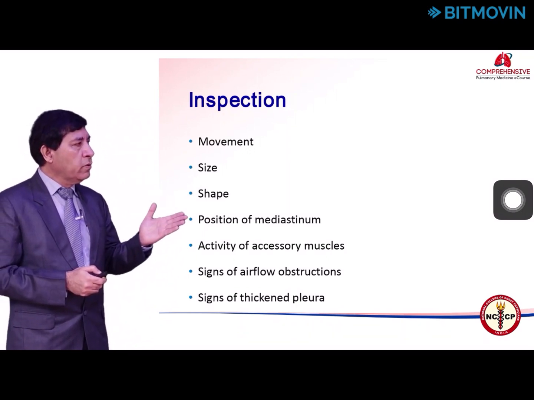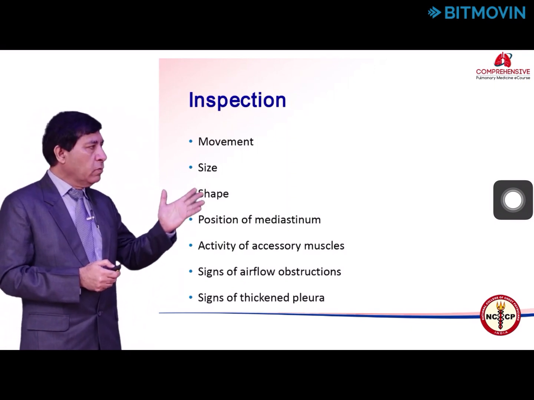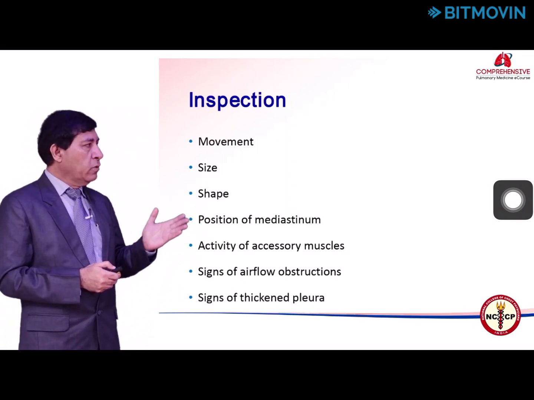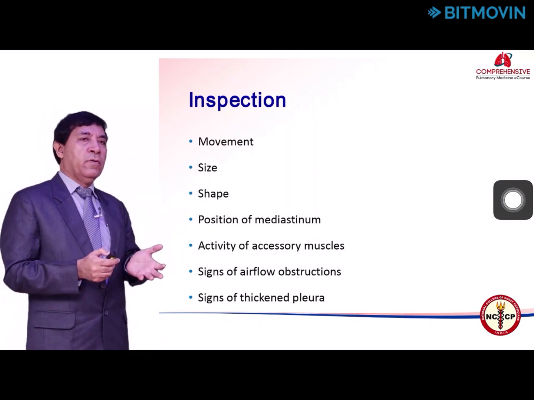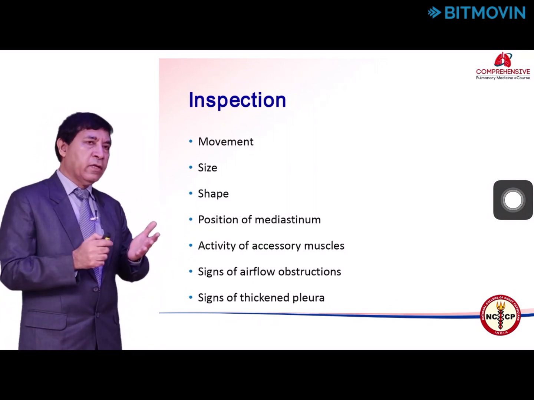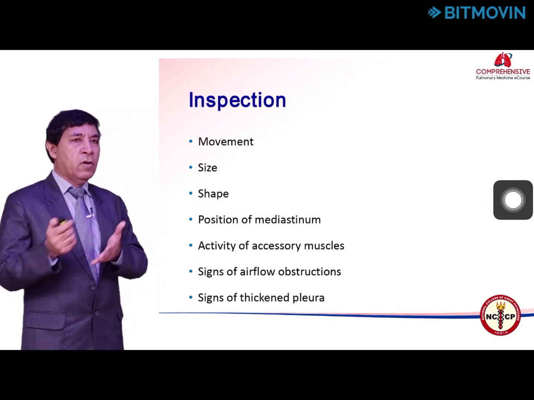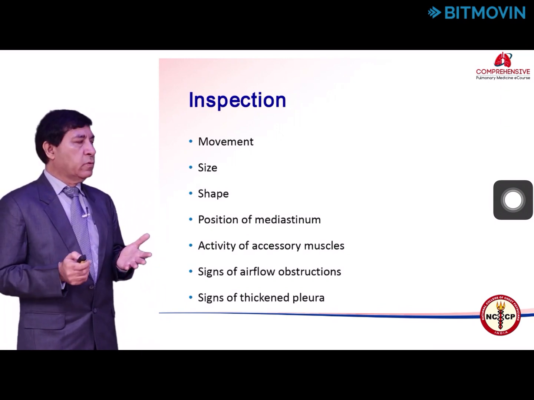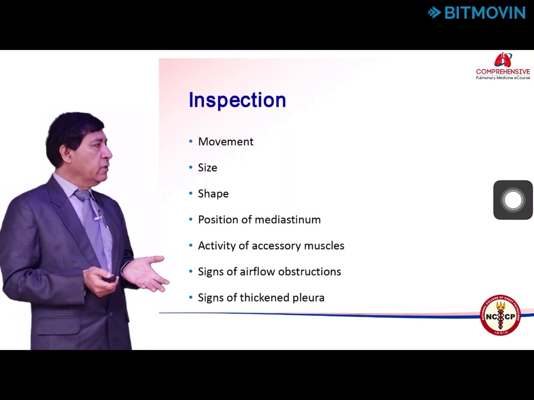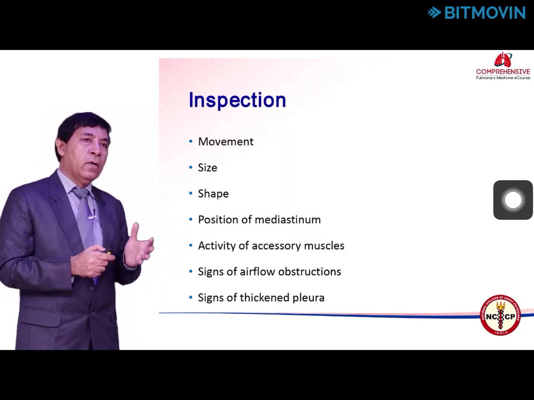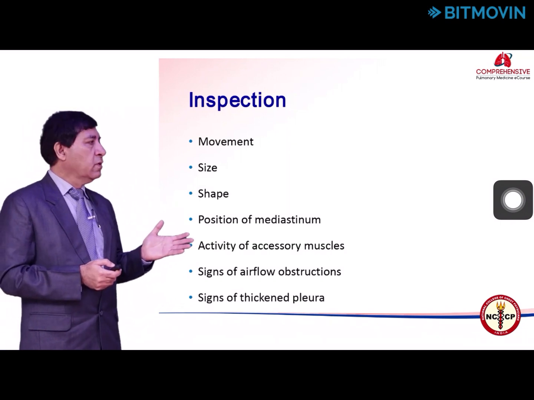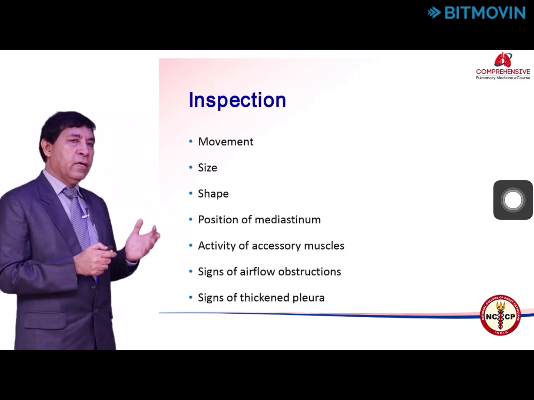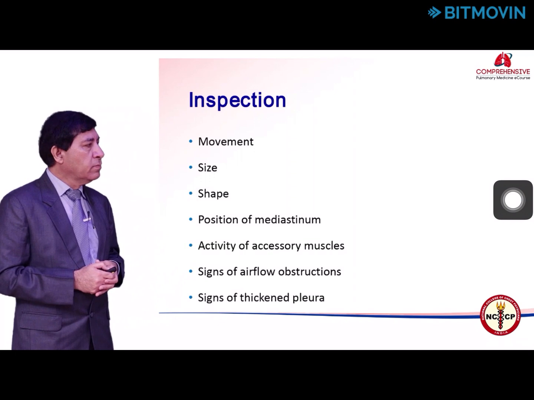So in inspection, it is very important to go in this order. You should always start with movement, because movements tell you which side is diseased. Either the movements are absolutely decreased or they are normal, or they can be unilaterally diseased. So it helps you in selecting the side of the disease. Then you go for the size, then shape, then you look for the position of the mediastinum.